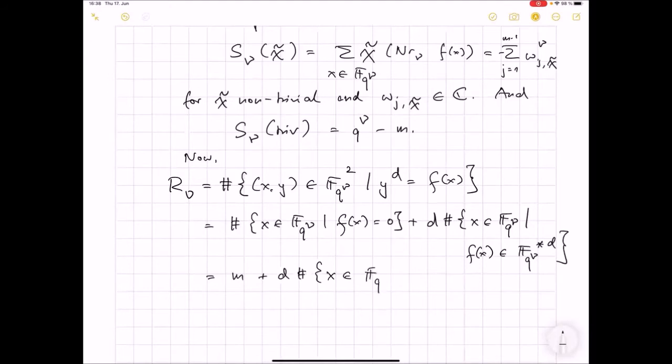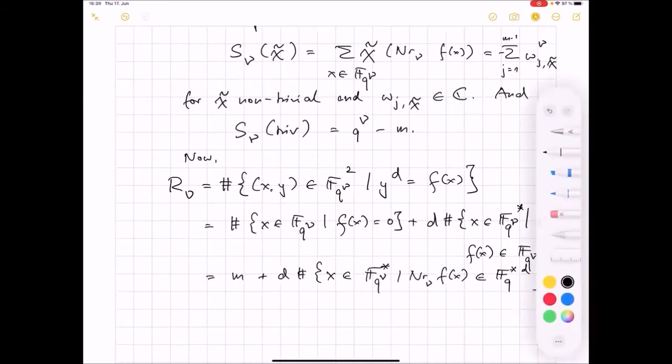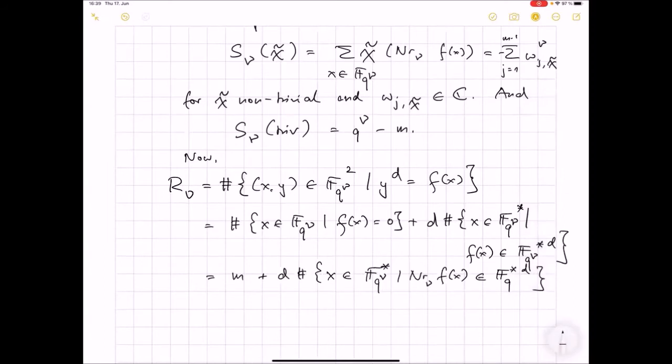in F_q star, let's take the star, such that the norm of f of x is in (F_q star)^d. Okay, but this condition, being a dth power in F_q, can be detected by the characters of F_q of order dividing d.